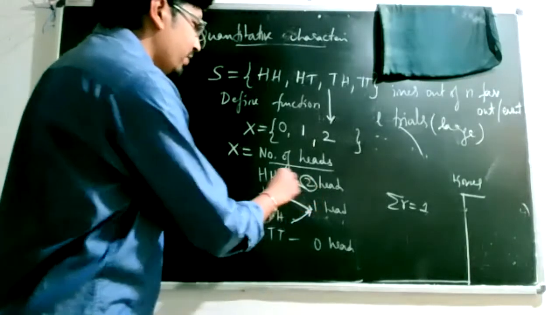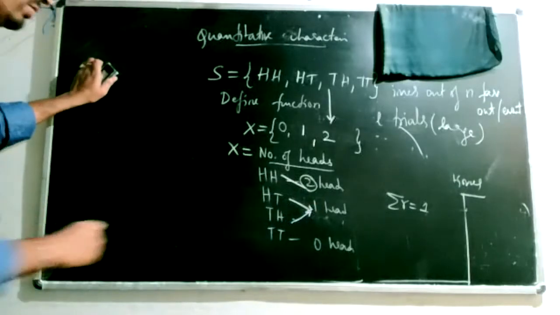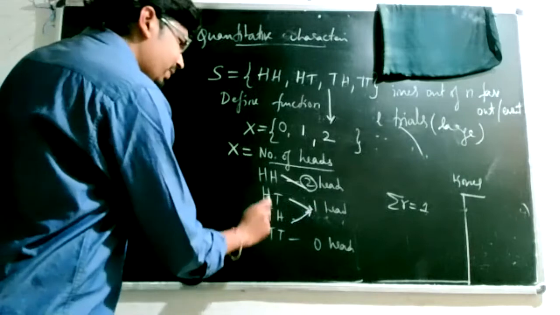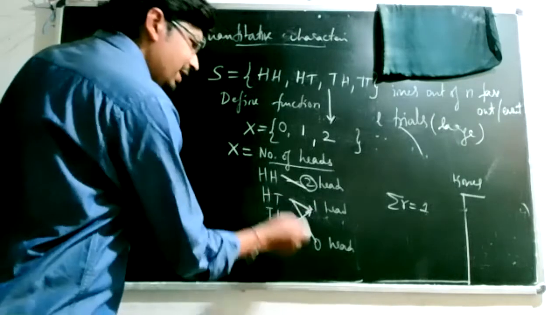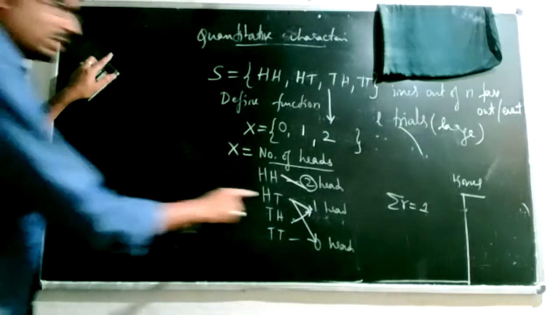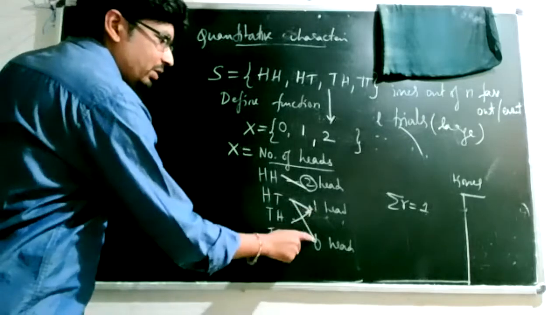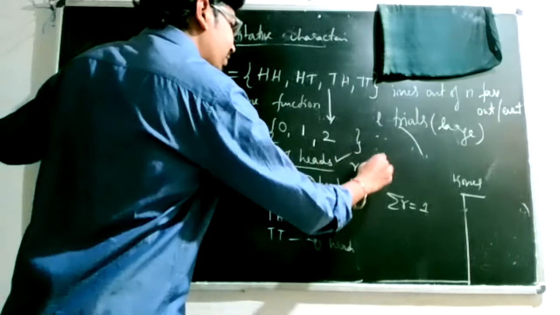I say the inverse should be just a mapping of 1. So you can have multiple events mapped to 1 value, but you cannot have multiple values of x mapped to the same item. The same item cannot be mapped into two numbers. Only in that case do we call it a random variable.